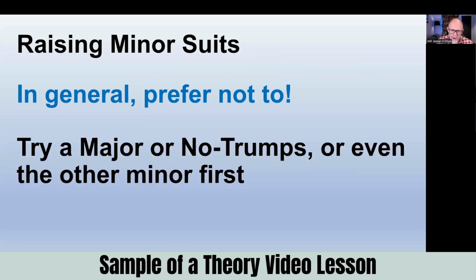So try to bid a major or try to bid no trumps, or if your hand is suitable, even bidding the other minor is often more desirable than raising a minor. So the auction 1 diamond pass 2 diamonds or 1 diamond pass 3 diamonds is actually fairly rare, because you should always be looking for hearts or spades or no trumps or the other suit first.